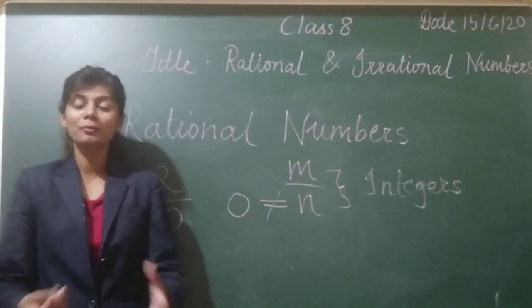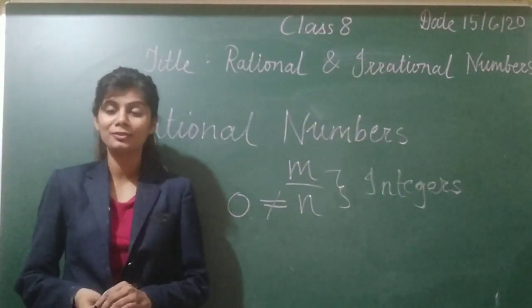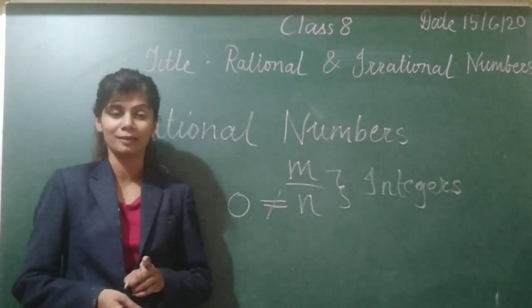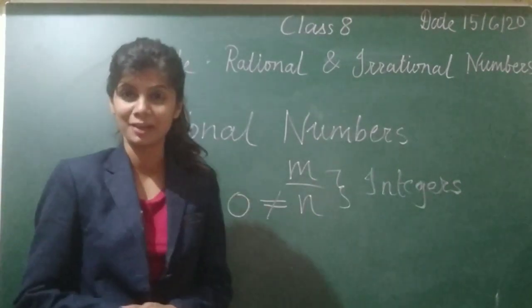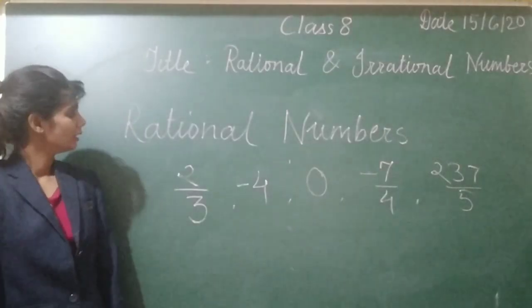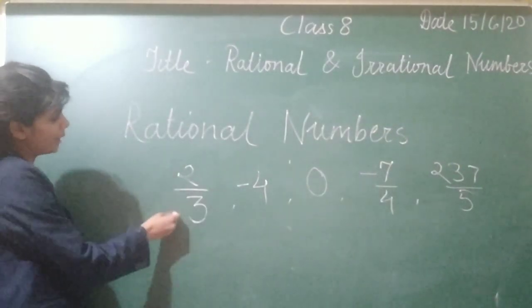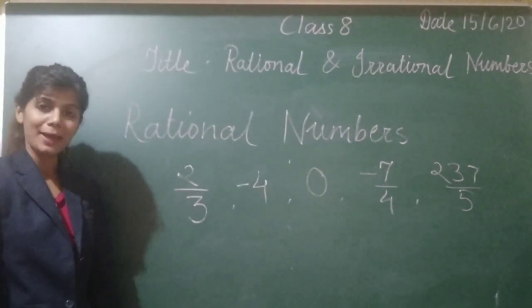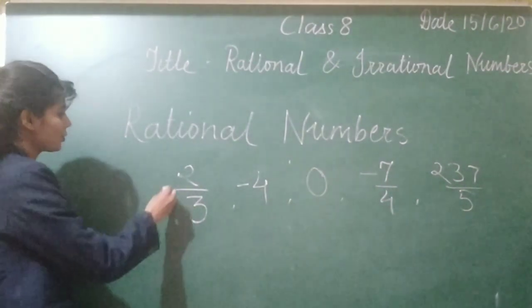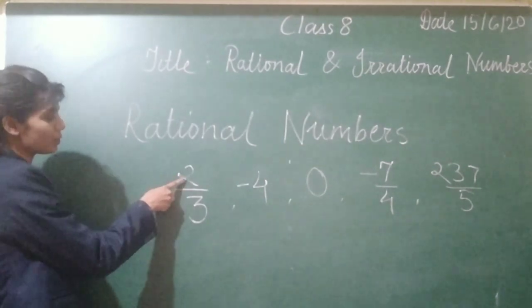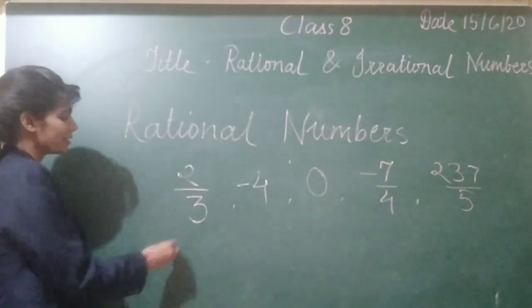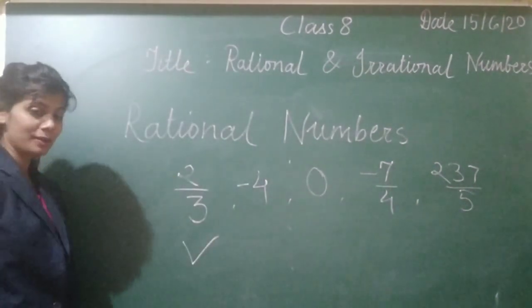Now I'm going to give you a few numbers and you have to identify which of them are rational numbers. Now look at these numbers. This 2/3 is in the form of m by n. So here m is equal to 2 and n is equal to 3. So this is a rational number.